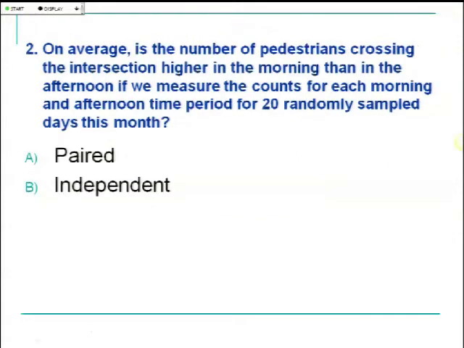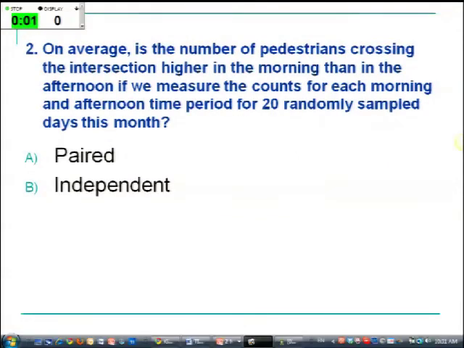All right, our next one. We're looking at pedestrians crossing an intersection, trying to determine if on average the number that cross the intersection is higher in the morning than in the afternoon. Here's what we do.